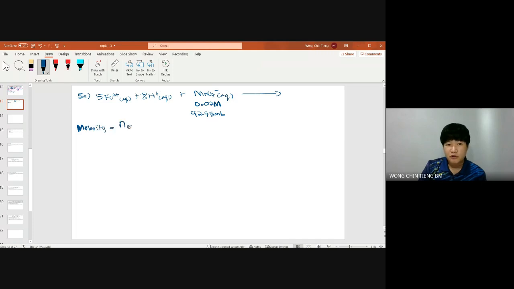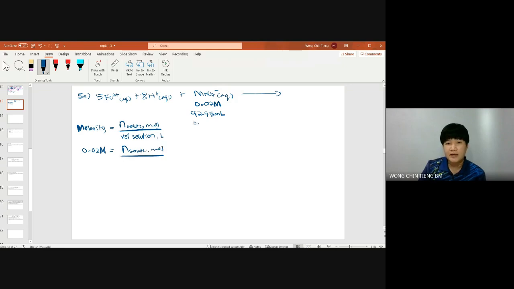Molarity is number of mole solute in mole over volume of solution in liter. So you must change it. The concentration given 0.02 molar. Number of mole solute is the one that we are looking for. And the volume of solution, change it to liter.